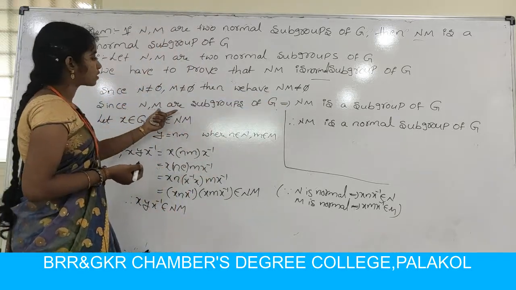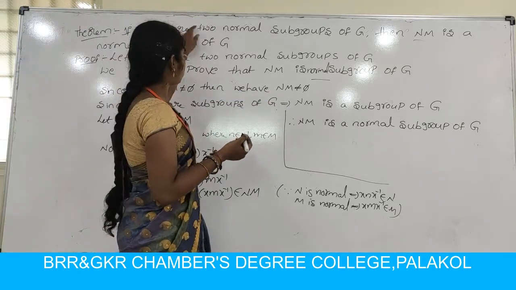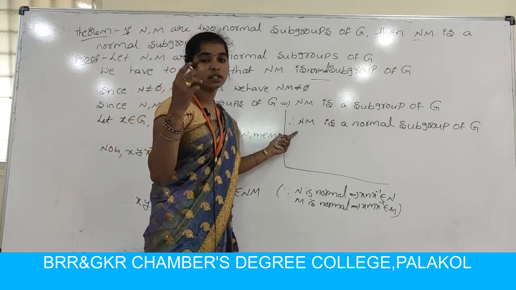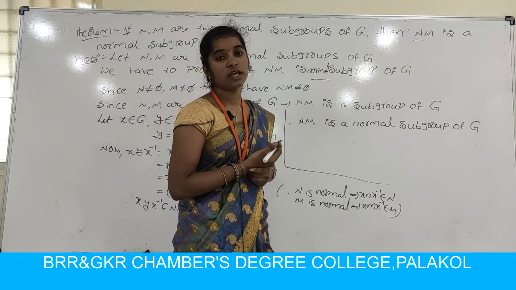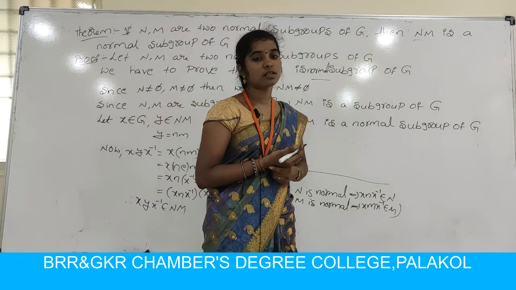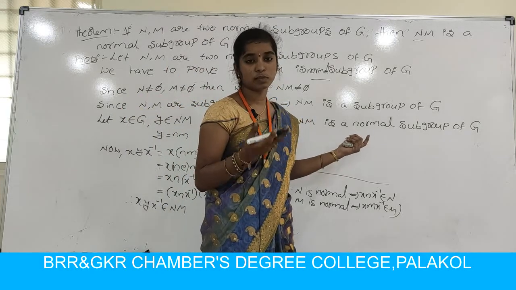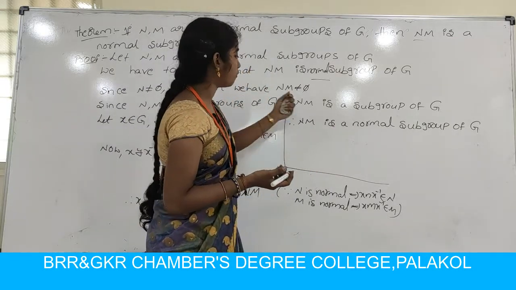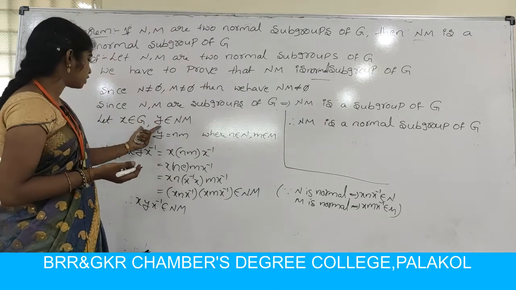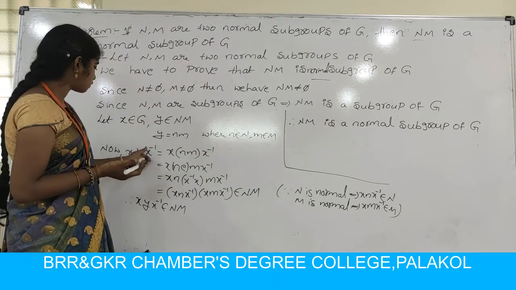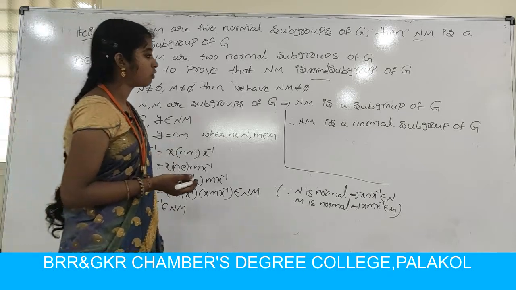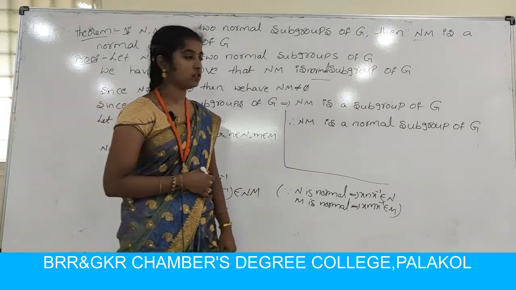N, M are subgroups of Z, so by the known theorem, NM is a subgroup of Z. Finally, we have to show xyx inverse belongs to NM, so NM is a normal subgroup of Z. So this is the theorem.